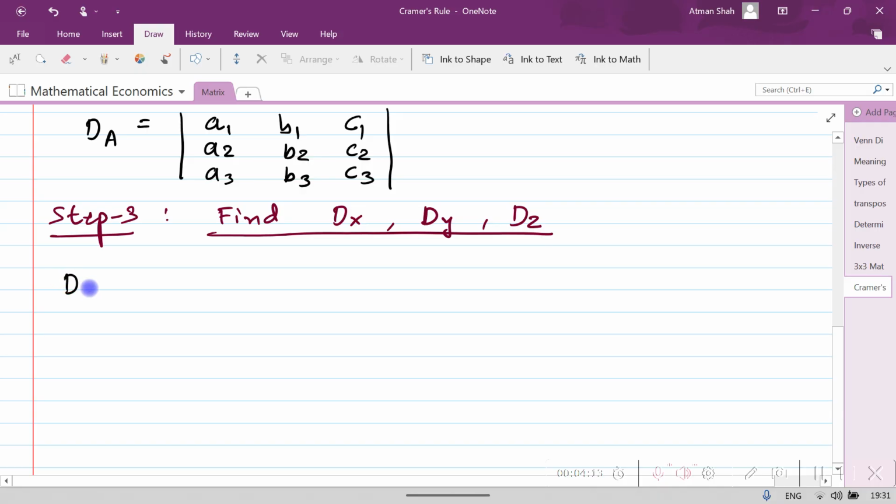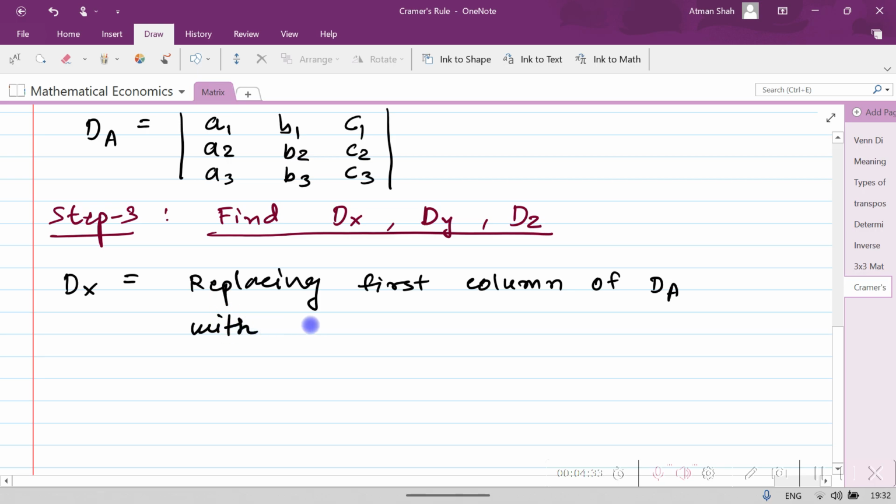So determinant of x can be found by replacing the first column of determinant of A with constants.